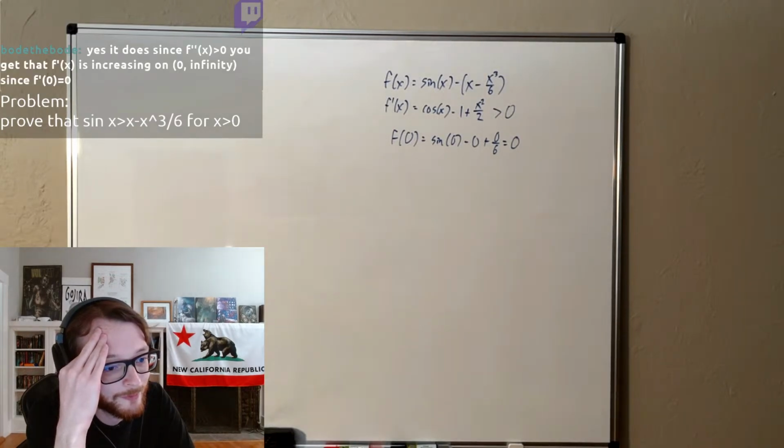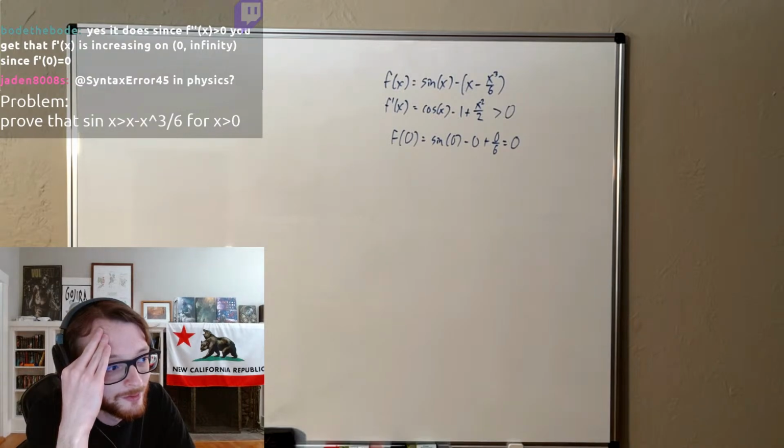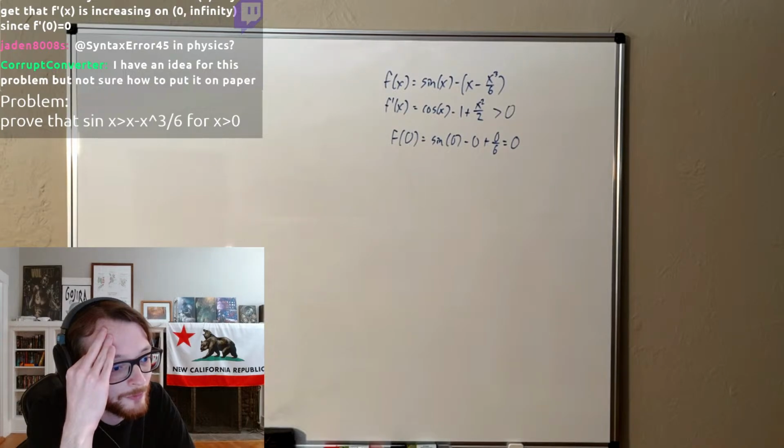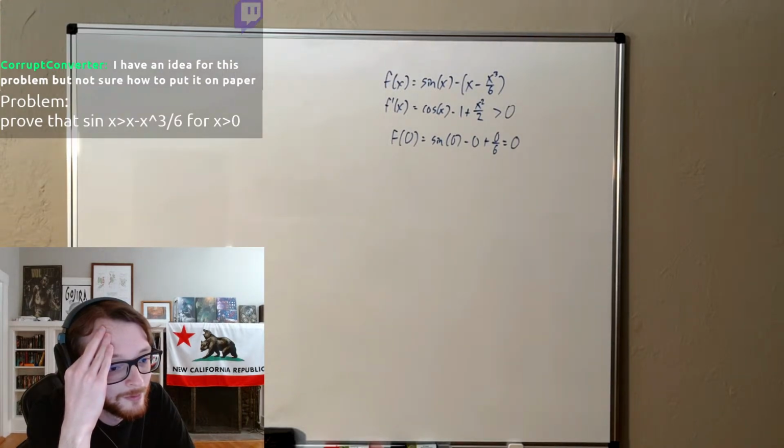I'm following Syntax and VOD, who are taking the derivative and showing the derivative is always positive for x greater than 0, and that we start from 0, so the difference is always positive. But we have to show it's always increasing first. And VOD is saying to do that with the second derivative.